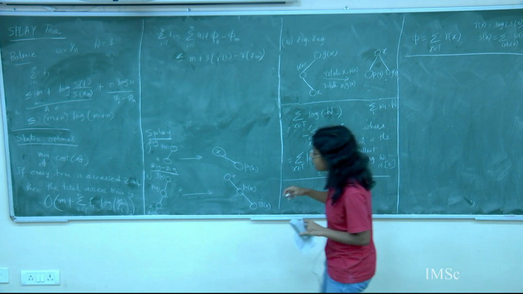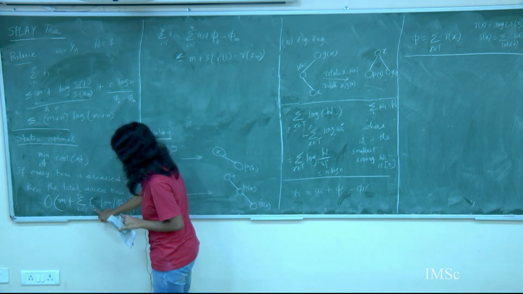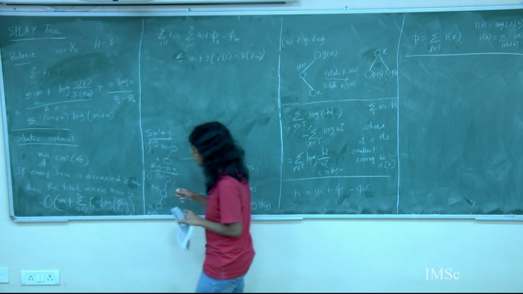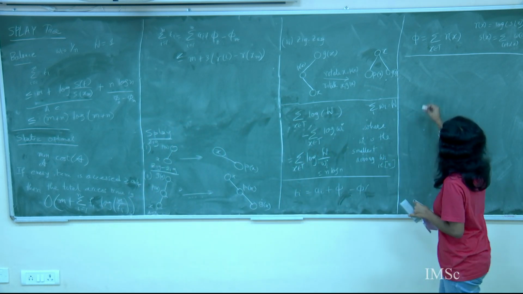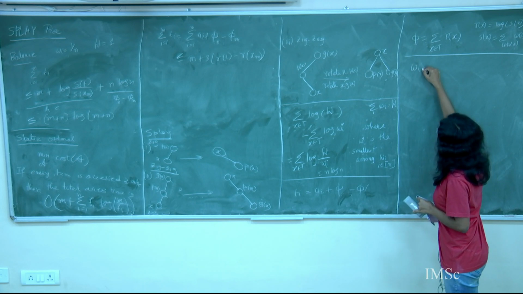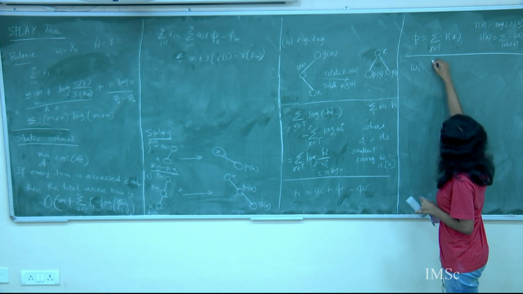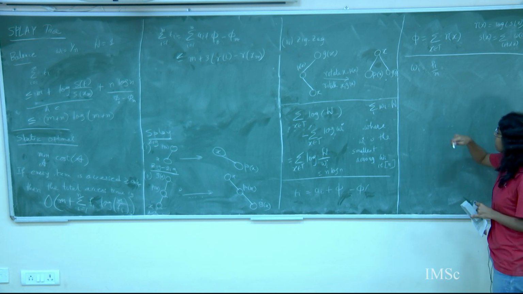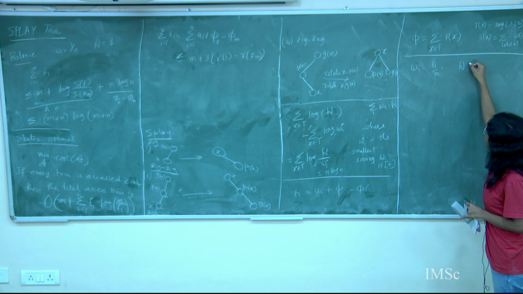Fi is the frequency of the element accessed at the ith step. So if I put the weight to be Fi by m, then what would be capital W?